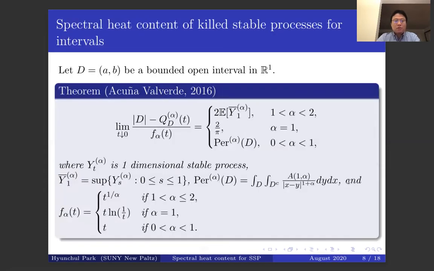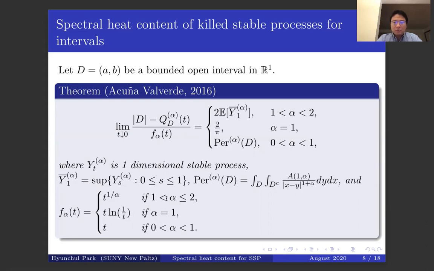So let's talk about spectral heat content for stable processes. The dimension 1 case is known from a result by Acuña Valverde in 2016. Spectral heat content has 3 different heat decay rates depending on the stability index alpha.